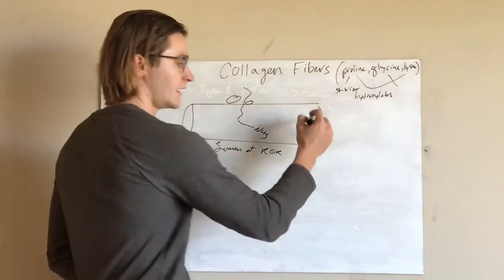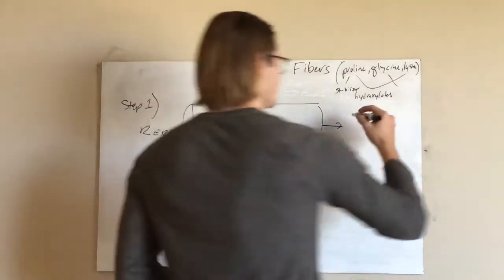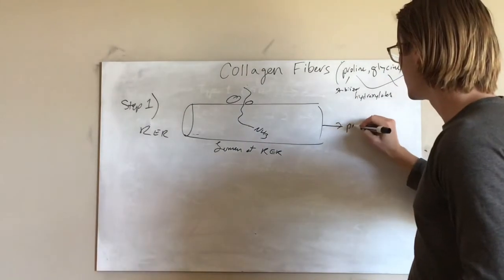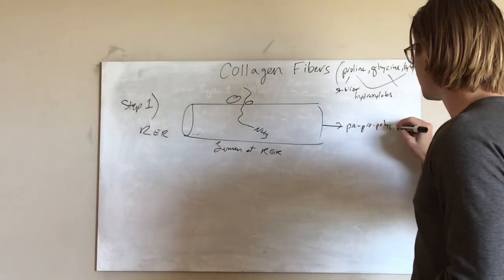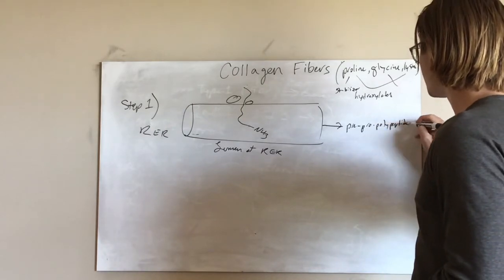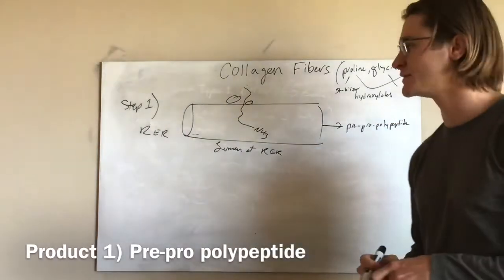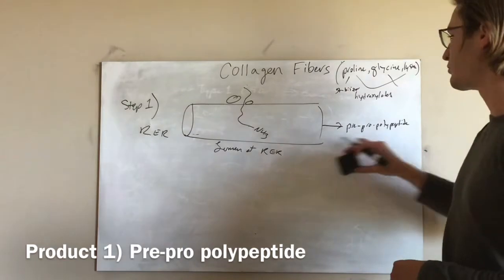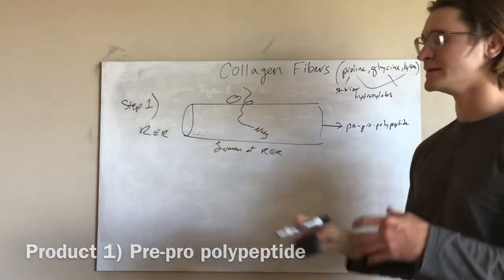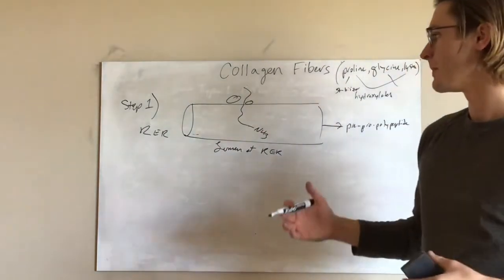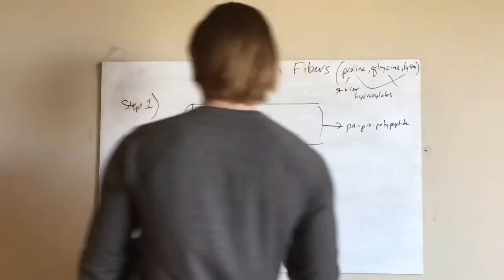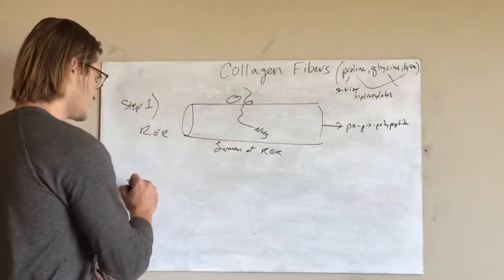And this creates a pro polypeptide. Cool, so step 1's pretty easy. We just created a pro polypeptide, and the signal peptide is what got our polypeptide into the lumen of the rough ER.